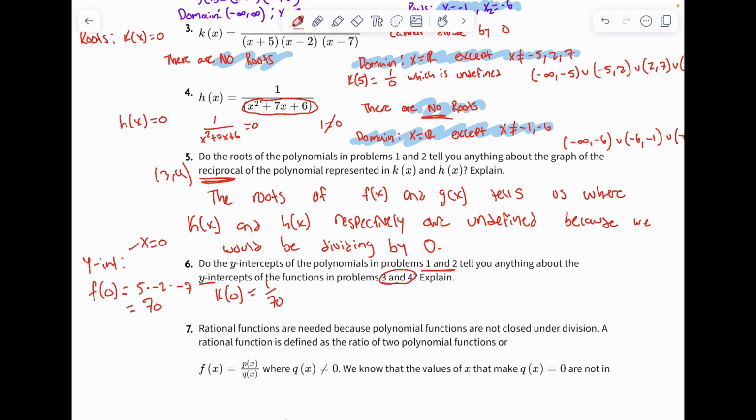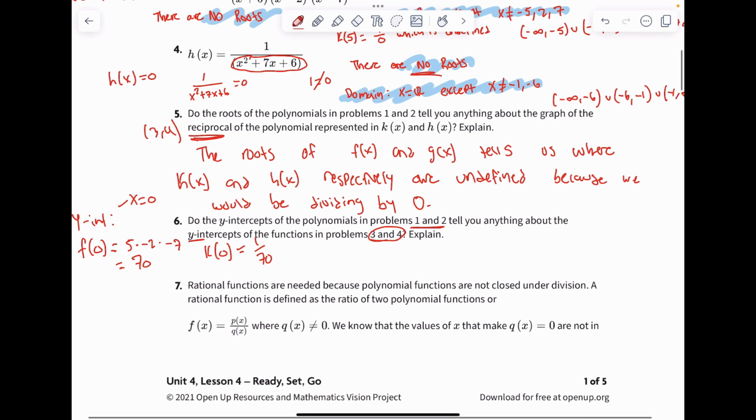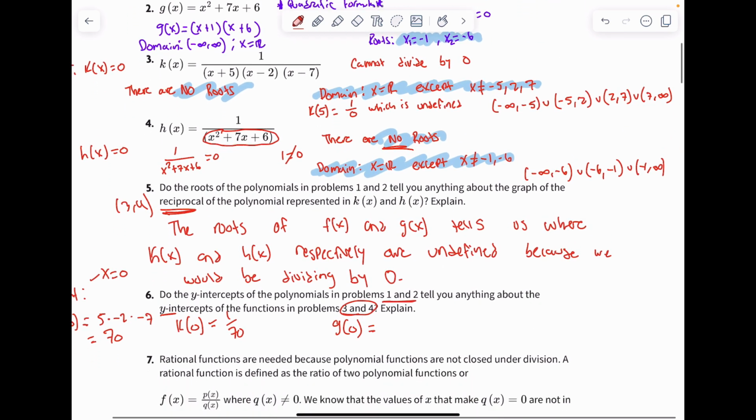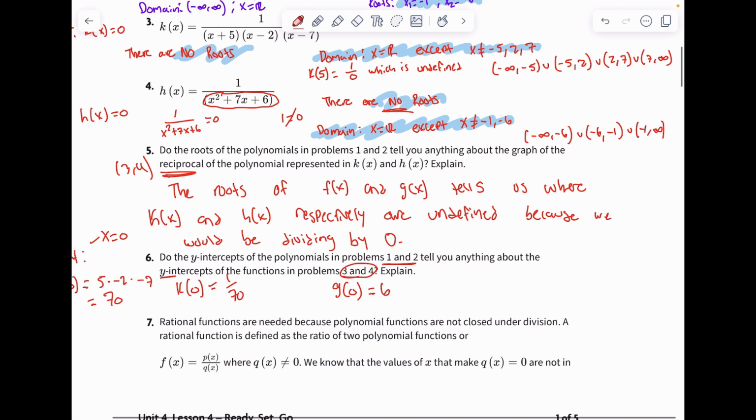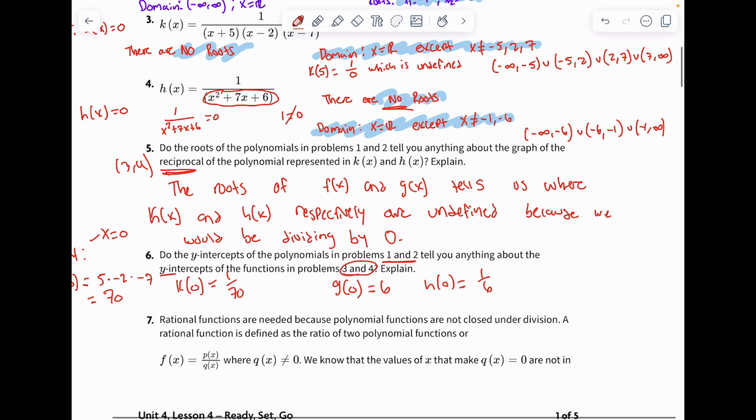So what did you automatically pick up? Something there should be a little bit clear. Let's do g of x. g of 0 is equal to 6, right? So then h of 0 is equal to 1 over 6. What happened there?